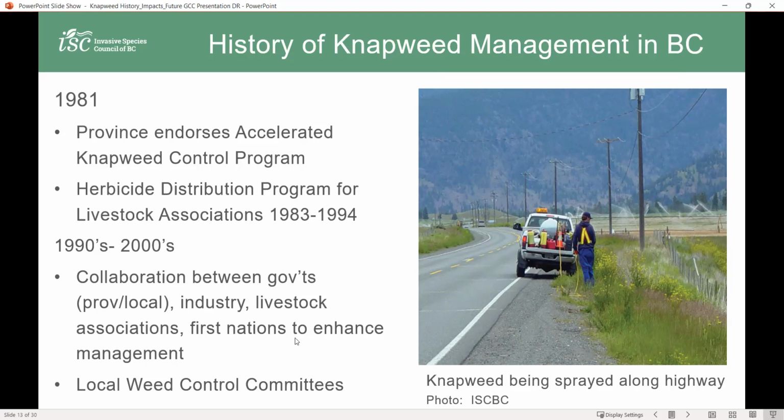Not so today. Regulations require much more control over folks that are doing treatment with herbicides on crown lands.